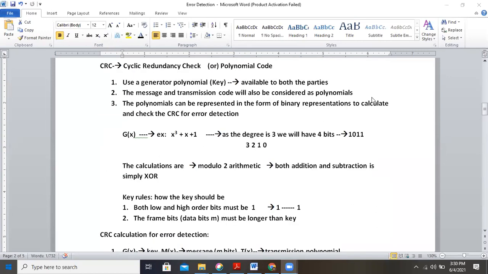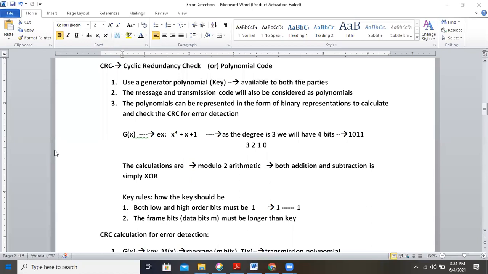If I am taking both as ones or both as zeros, the value will be 0. In XOR operation, if both are ones or both are zeros, the value will be 0.